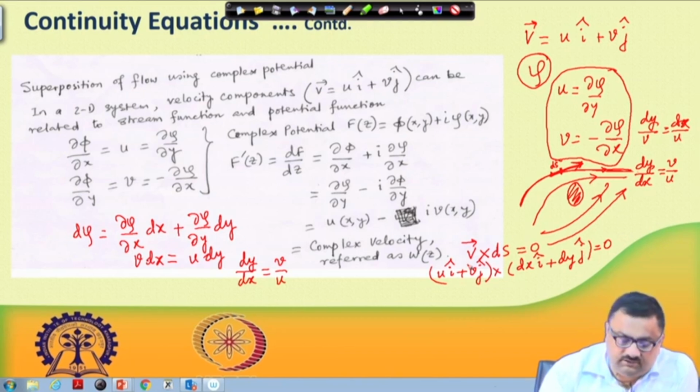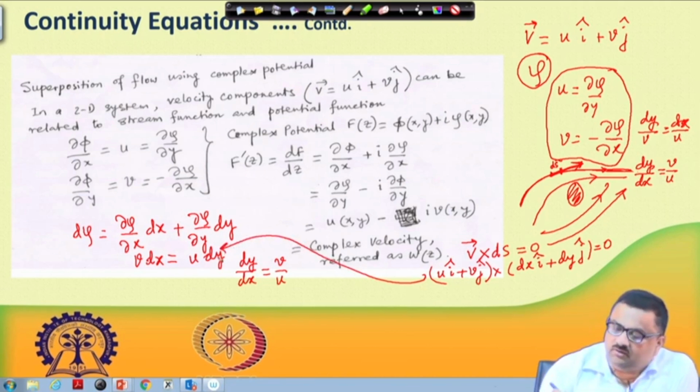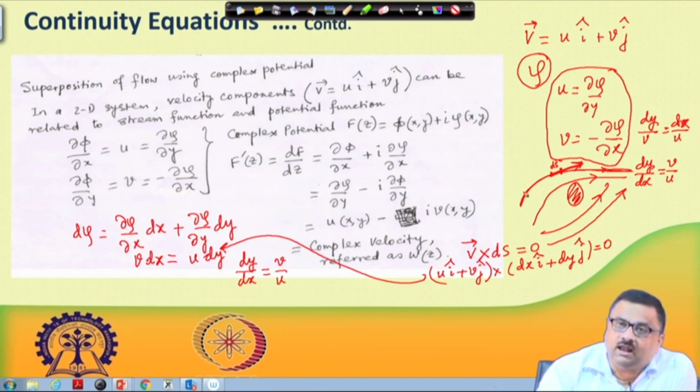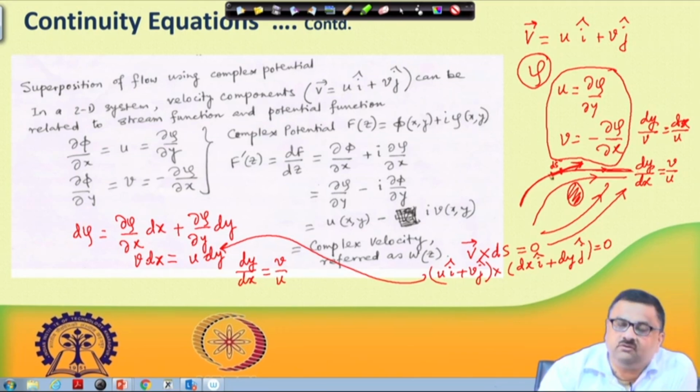If you follow this, you will end up with this expression. My point is that a streamline is a line such that at any point, if you draw a tangent on this line, it shows me the direction of the velocity at that point.